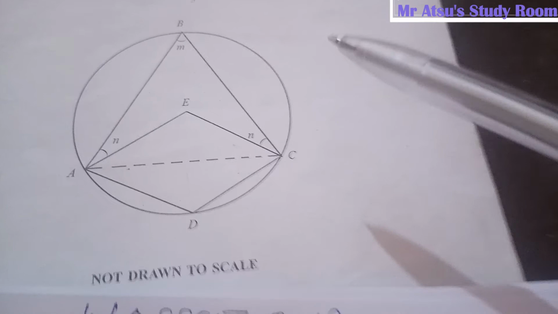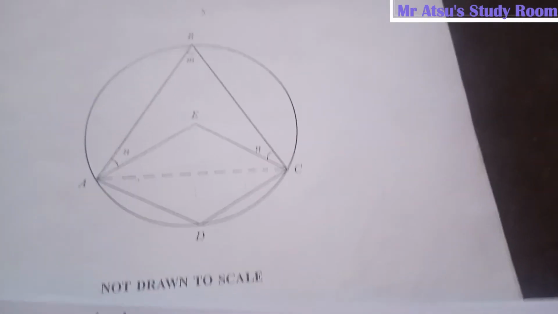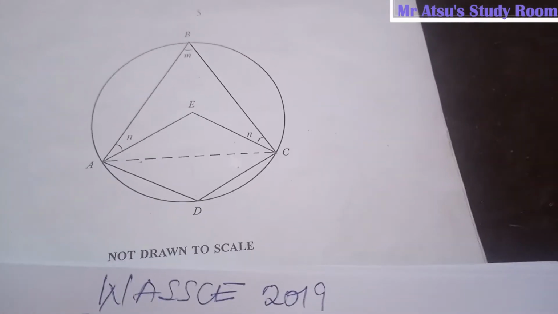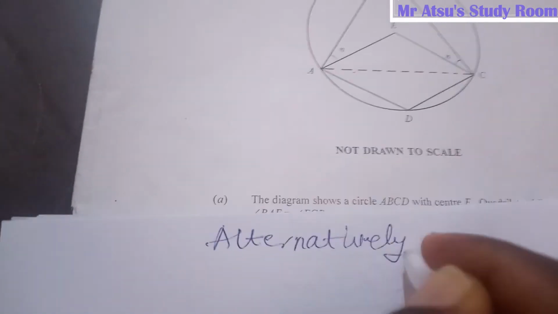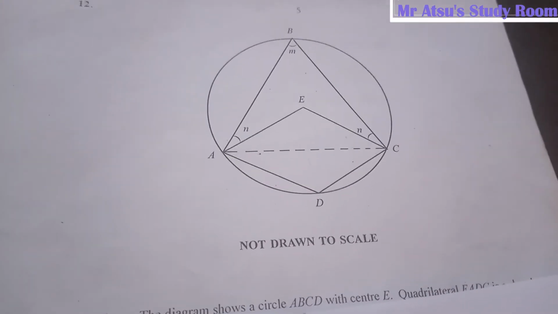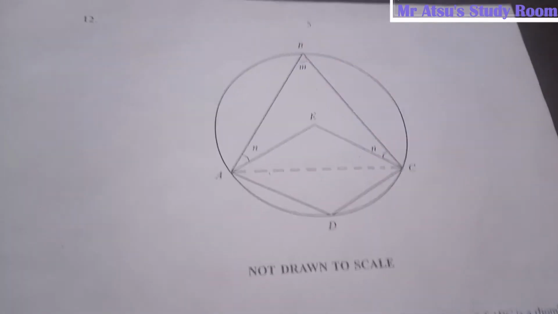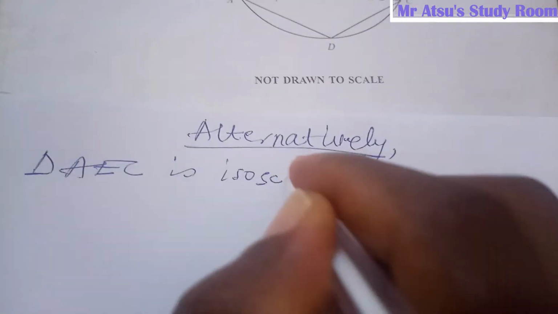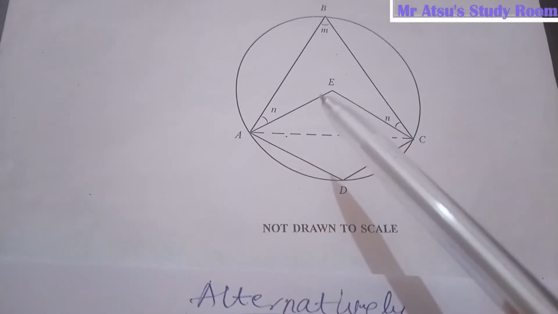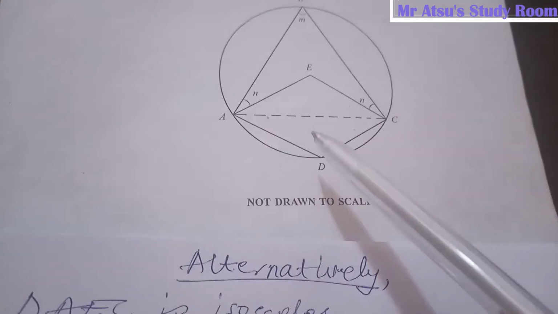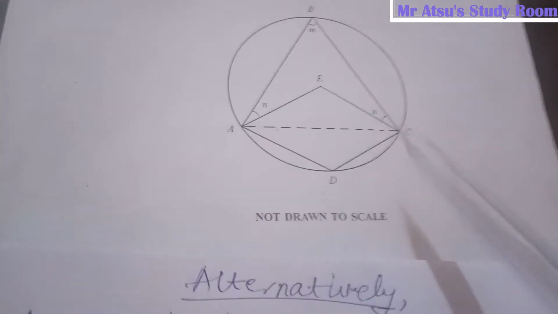Because of that, let's just use that one as an alternative method of solving. So alternatively, we say triangle AEC is an isosceles triangle. That means angle EAC equals angle ECA.